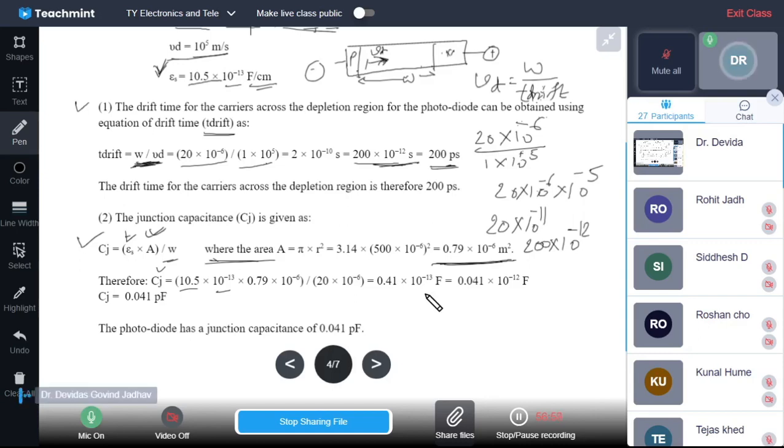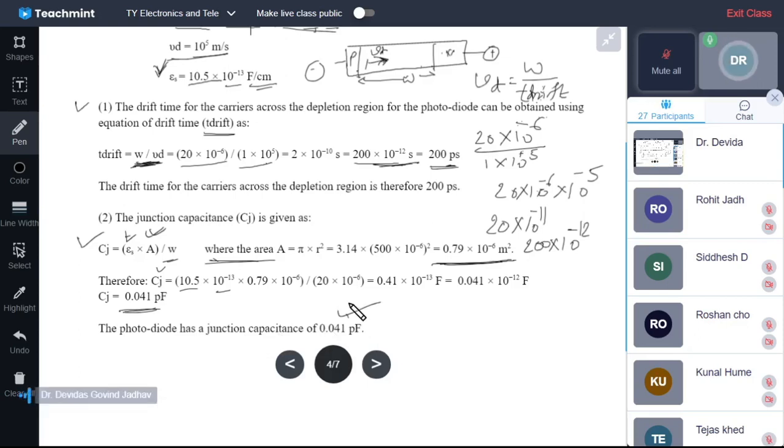Minus 13 you can replace as minus 12 by shifting the decimal point towards the left, so one 0 gets added: 0.041 into 10 raised to minus 12 farad. So Cj is 0.41 picofarad. The photodiode junction has 0.41 picofarad.